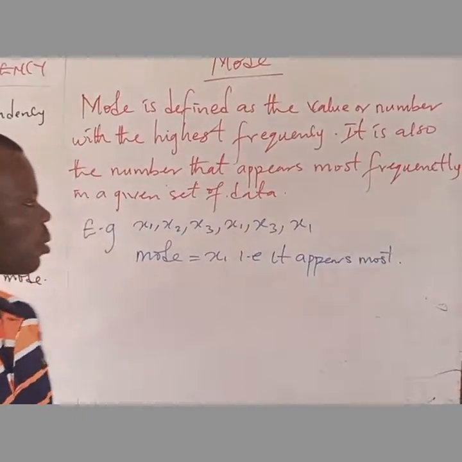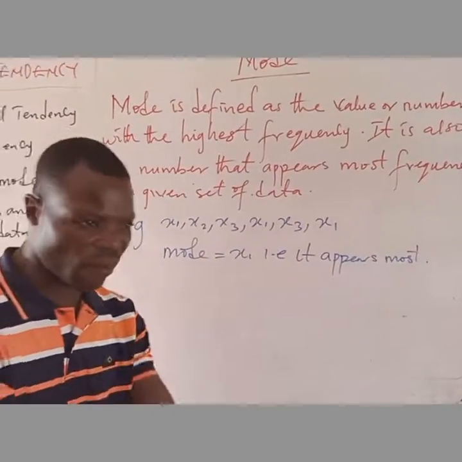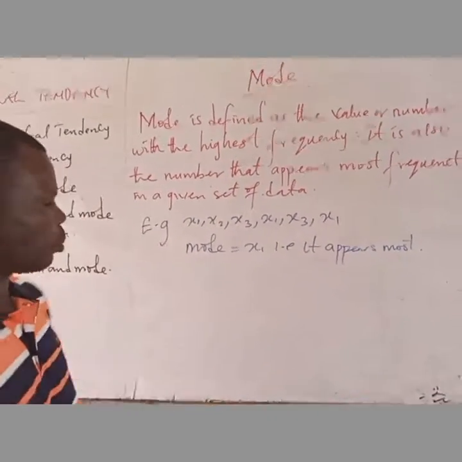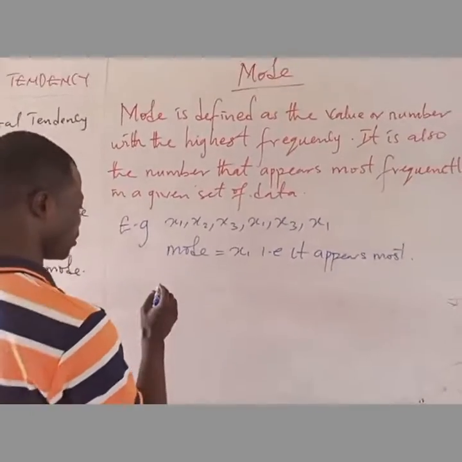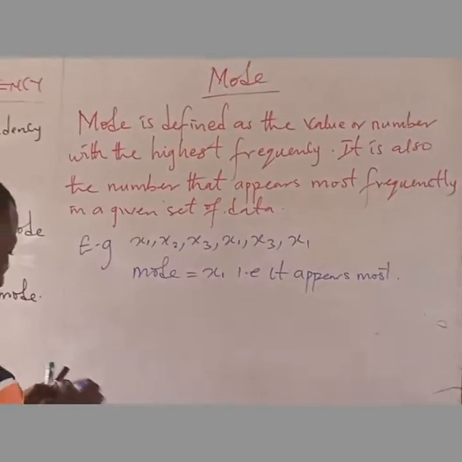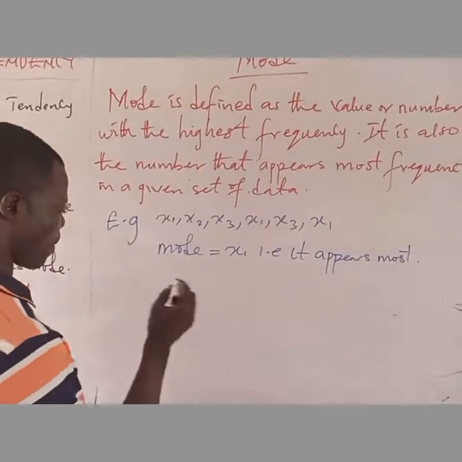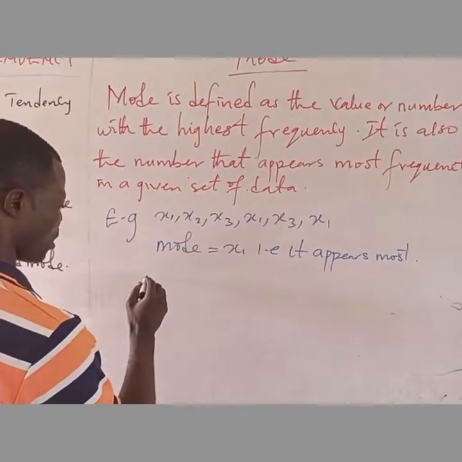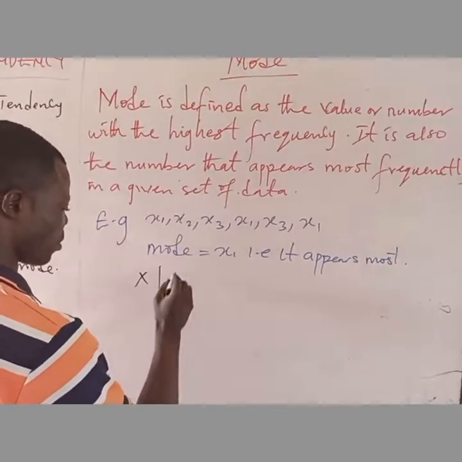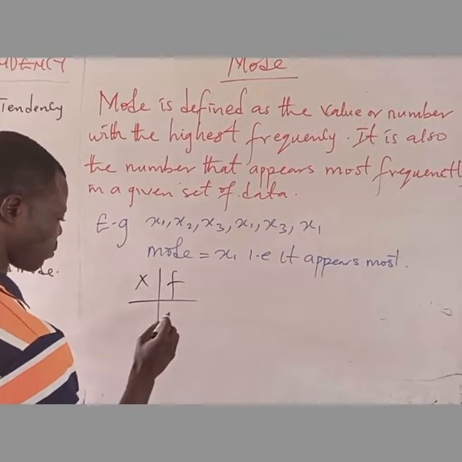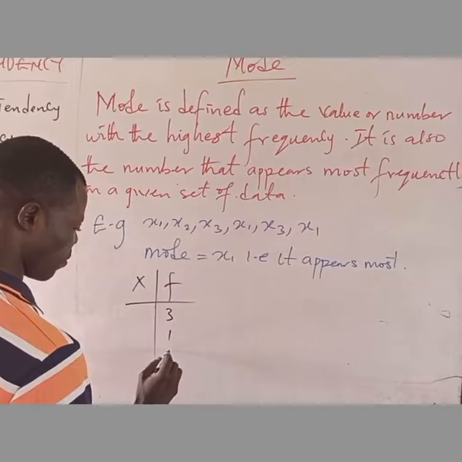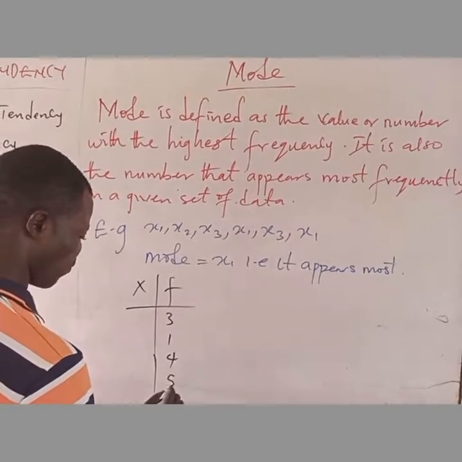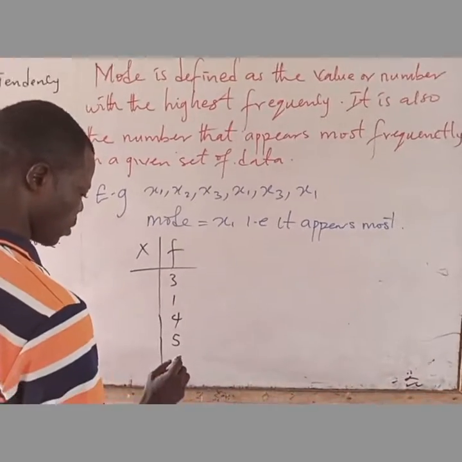That is our mode. And if you are given a group distribution with frequency, let's say you have x, you have f. This is 3, 1, 4, 5, 2.